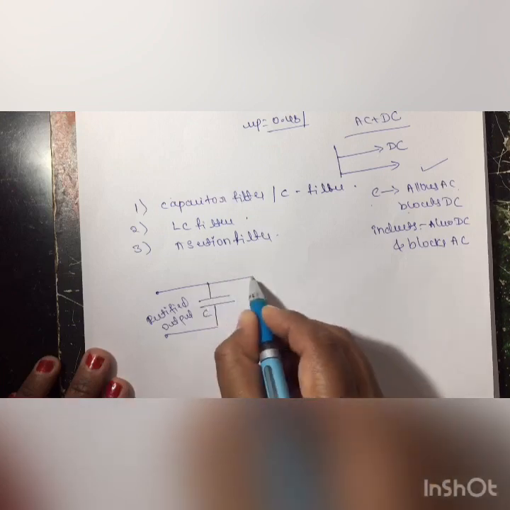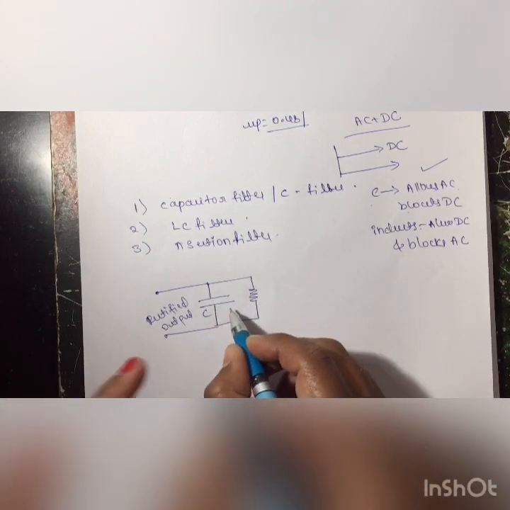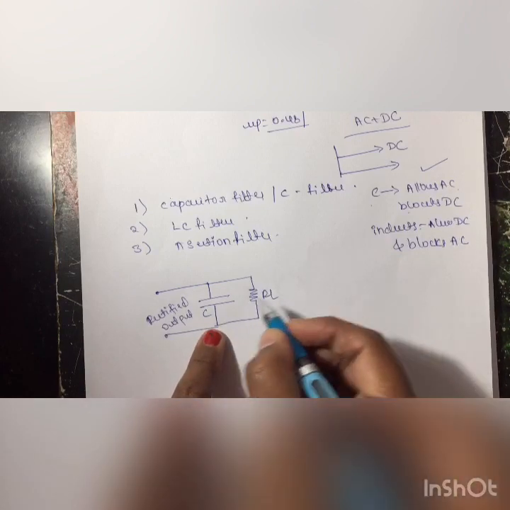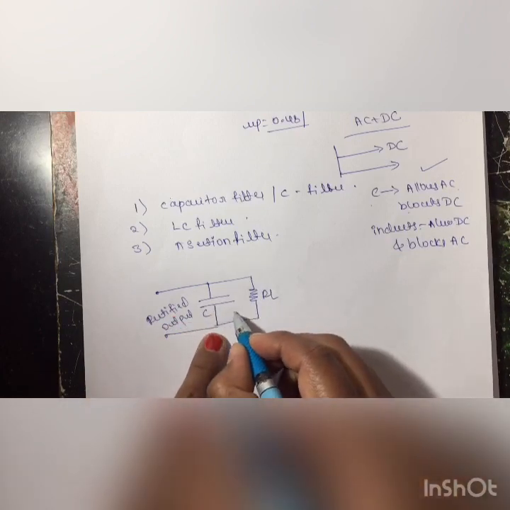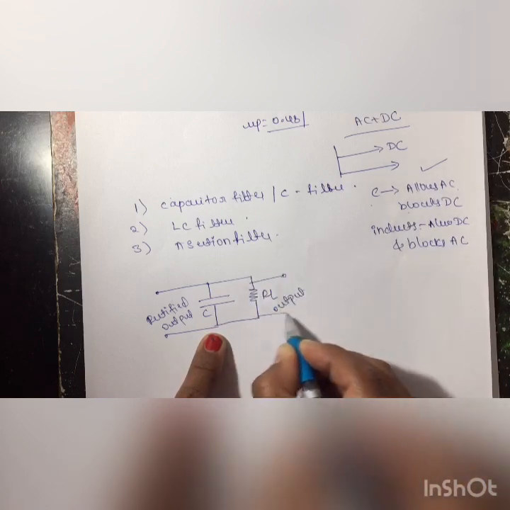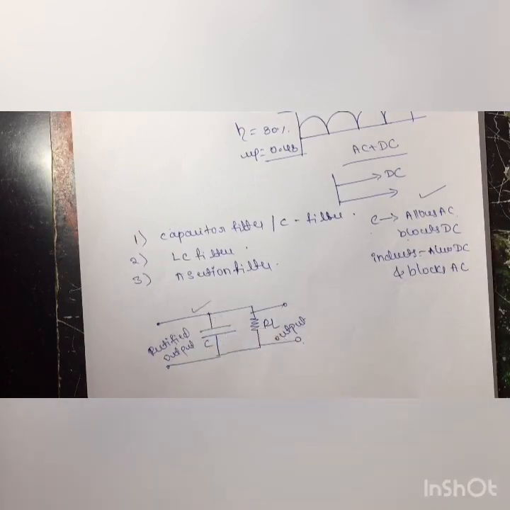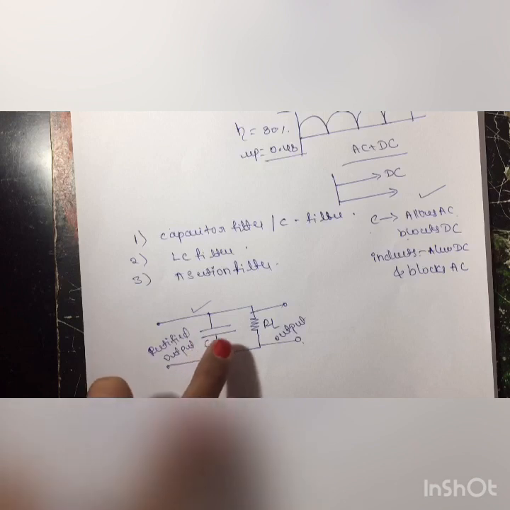This is a capacitor filter, and here I connected the load resistance, meaning the load resistance is parallel to this filter. This is the output. Just assume that it may be a full wave rectifier or half wave rectifier, but it is a rectified output. After that, in between, I connected the filter.